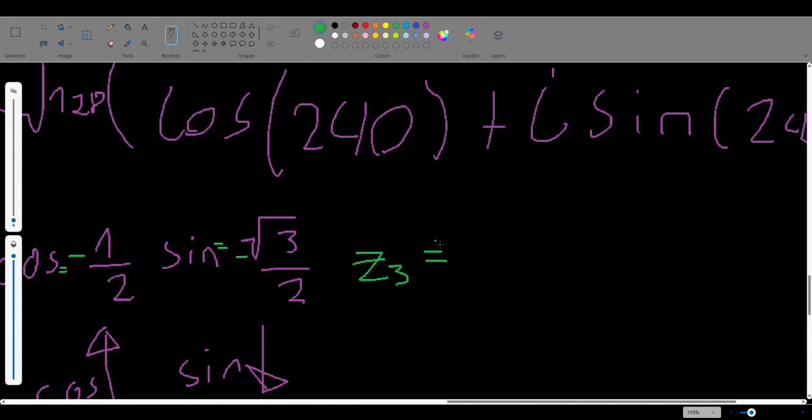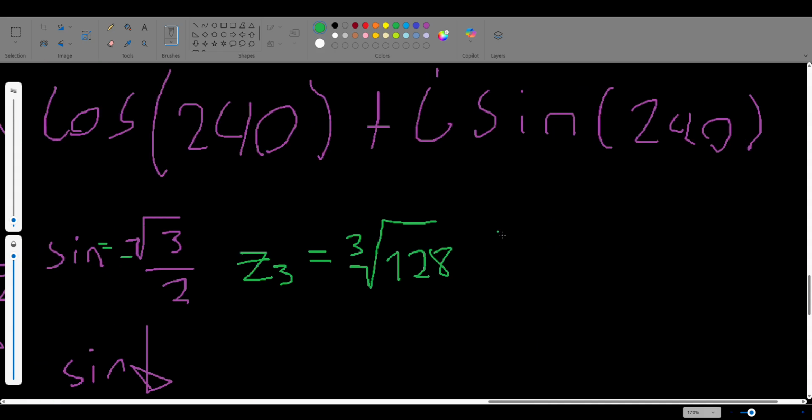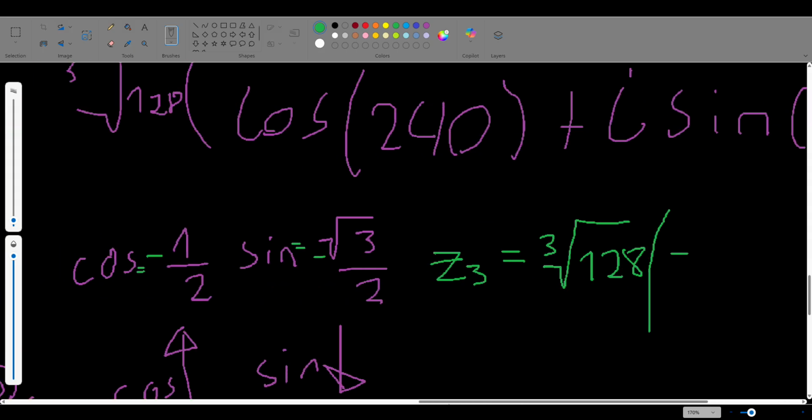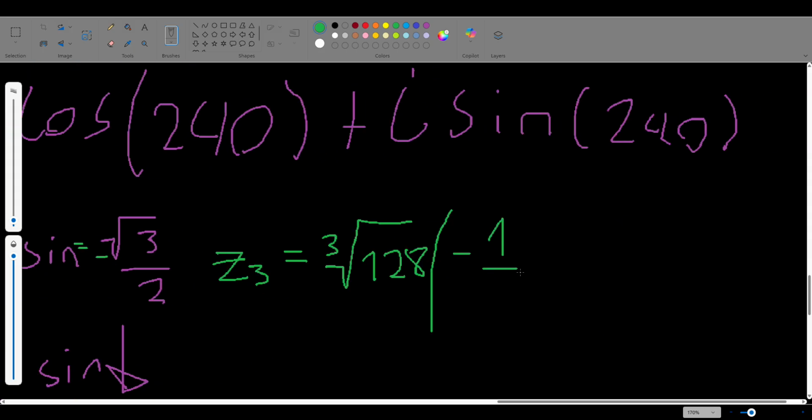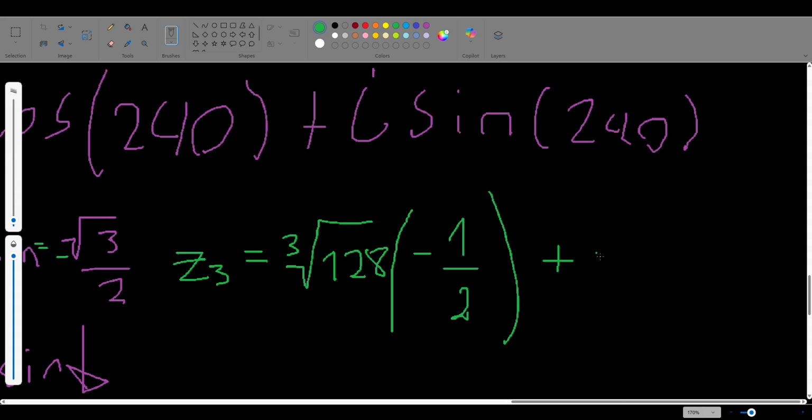is equal to the cube root of 128 times the negative 1/2. Guys, I'm sorry, I'm tired. I'm trying to focus here. Plus, and always include the I, okay?